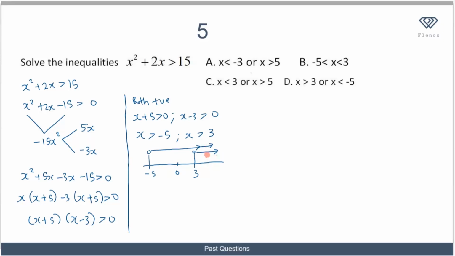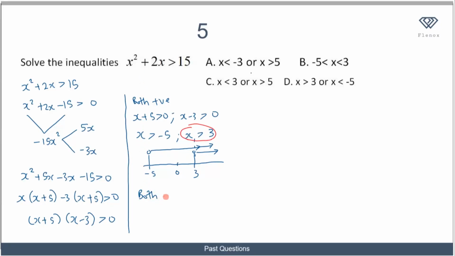As we can see, the region in which these two lines overlap is in this region here, in which x is greater than 3. So I select this second option, in which x is greater than 3. So now I move on to the next condition, and in the next condition, I have to have both as negative numbers.